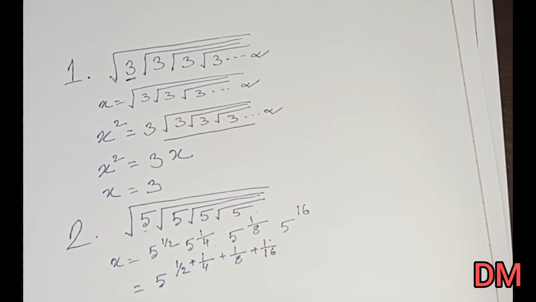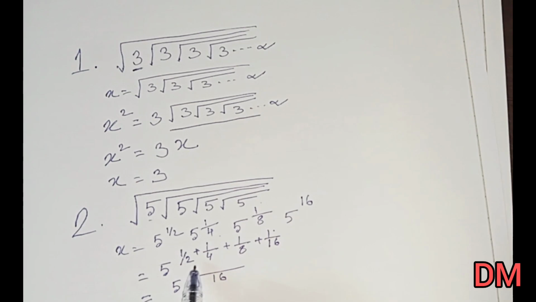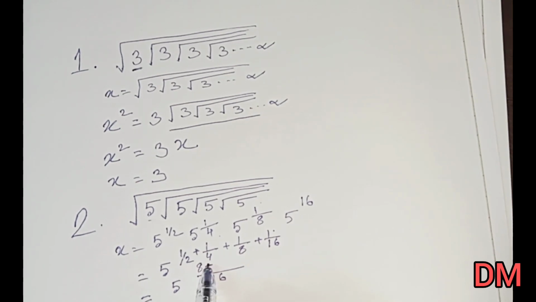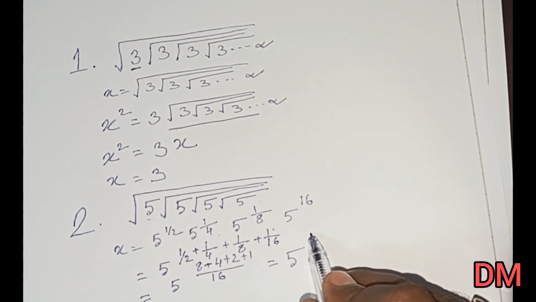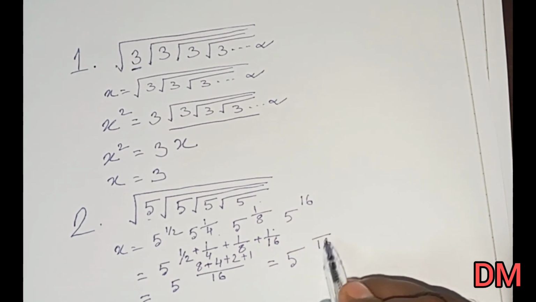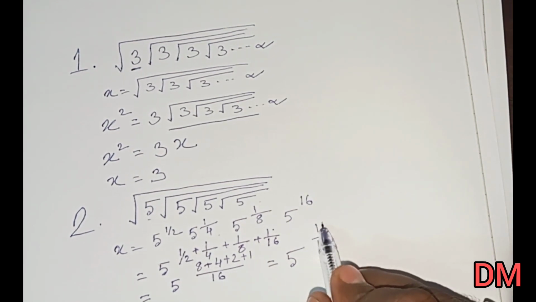Now if you solve this one, then you will get 5 to the power 15 over 16, and here it is 8 plus 4 plus 2 plus 1. So what's the result? 5 to the power 15 by 16, since 8 plus 4 is 12, plus 2 plus 1 is 15.